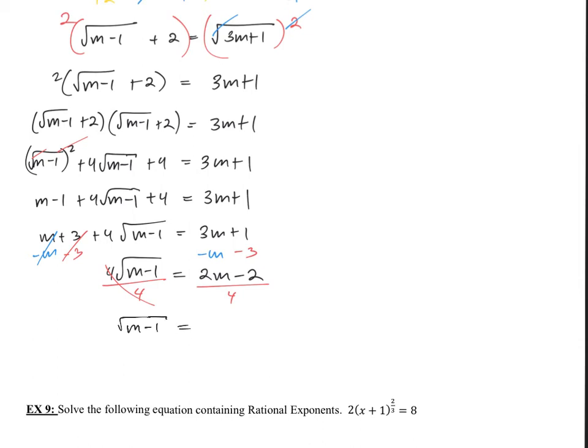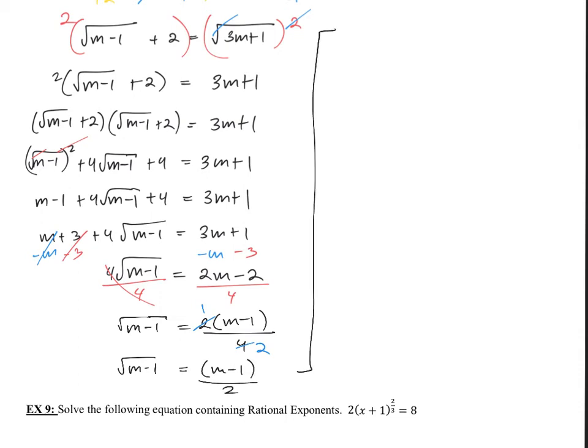I'm going to simplify first with that, actually. Let's factor out that 2. We can cancel out a little bit here, so that it's gone there, and that's a 2. So then I have square root m minus 1 equals m minus 1 divided by 2. Let's bring our work up here.